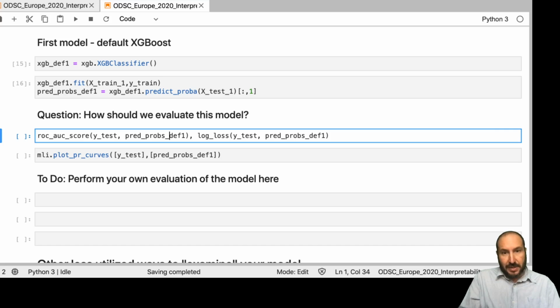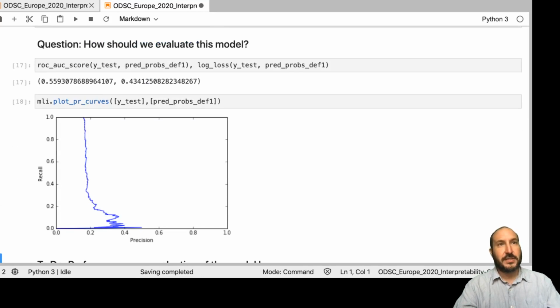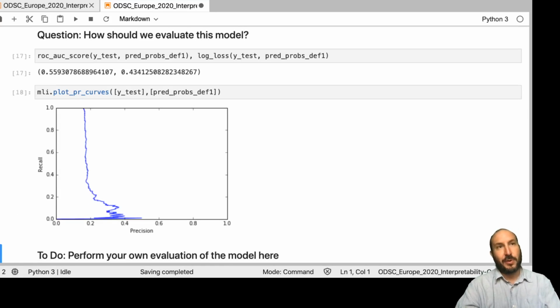If people have questions about what those metrics are and why I like them, I'm happy to answer on Slack. But for now, let's just look at the values. You'll see I get an ROC score of about 0.56, where 0.50 means there's no relationship at all. So it's not a very strong predictive performance in general.